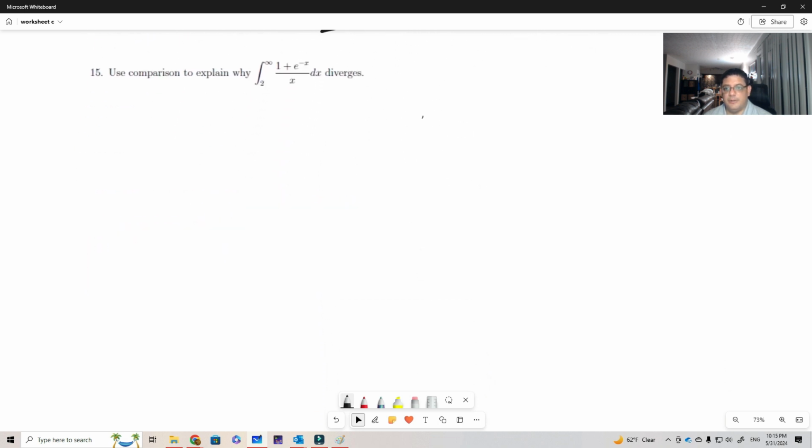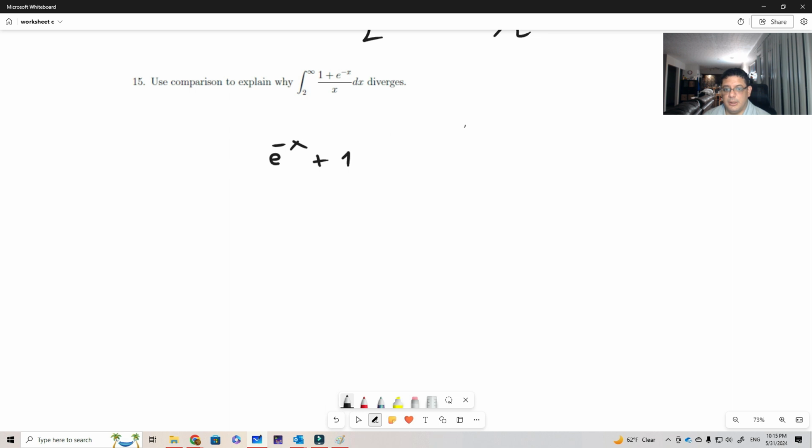Now in the last one we want to use the comparison criterion to find out why this function diverges. And so we can start with 1 minus x plus 1. And we want to be comparing this with something that is smaller.